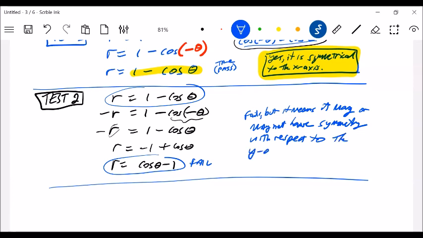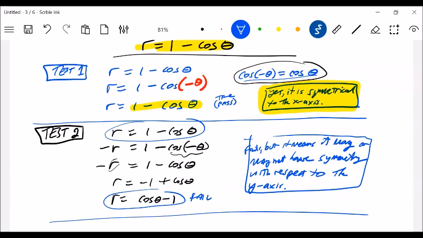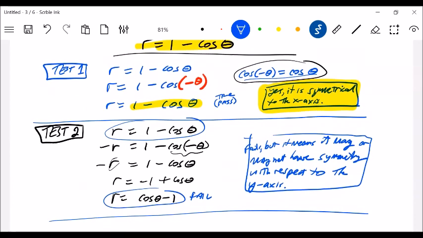Because the second test was to see if it would flip over the vertical line of x equals 0 on the y-axis. And right now, it doesn't look promising or good at all. Not for that one. So it passes test 1, doesn't pass test 2. Let's take a look at test 3.